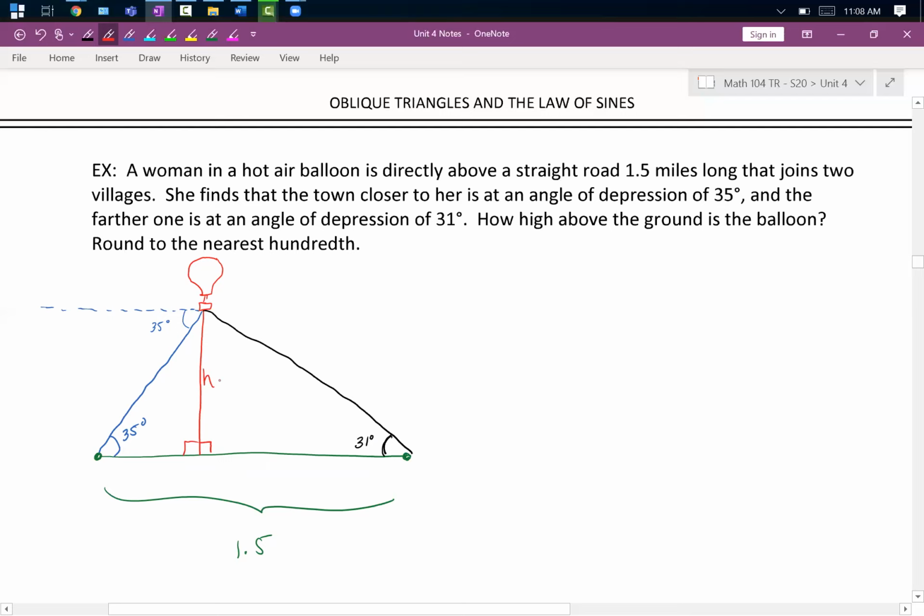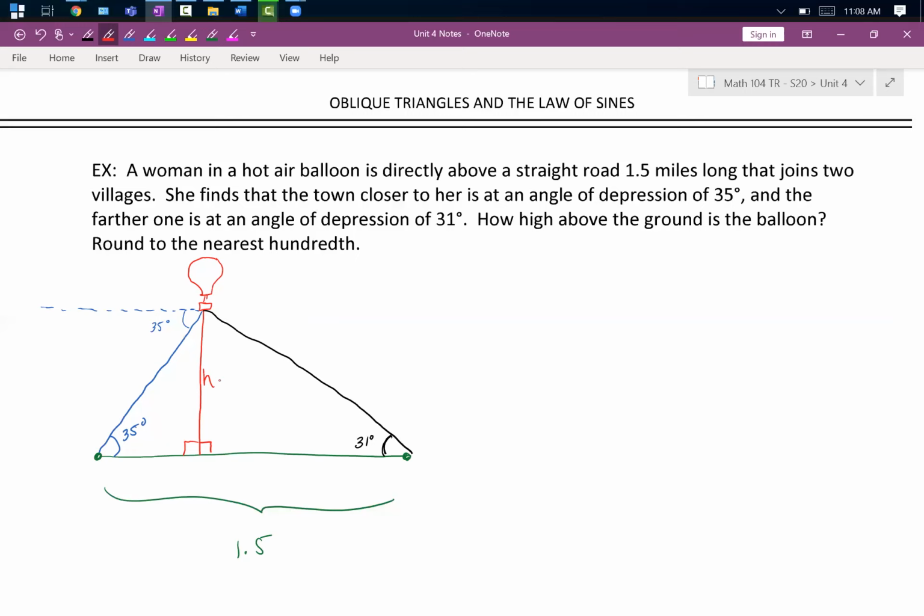Well, I just made 2 right triangles. Do you think we're going to end up using law of sines? Probably not. What do we use when we have right triangles? We just use SOHCAHTOA. So chances are I'm just going to be using SOHCAHTOA here, but I got to figure out how to get this height.